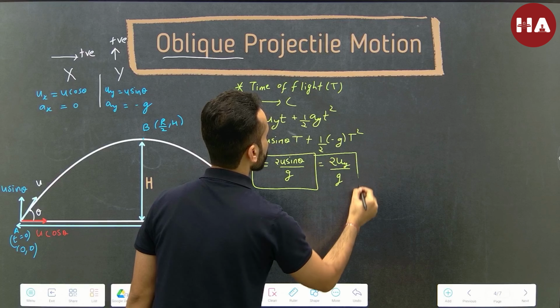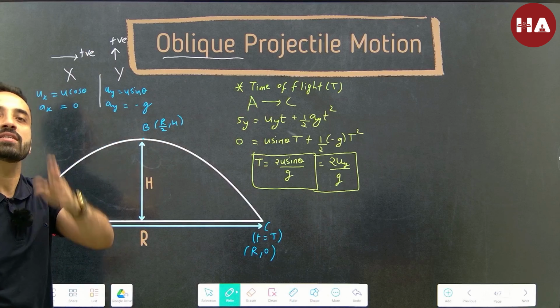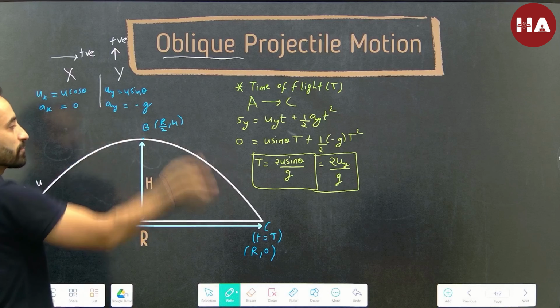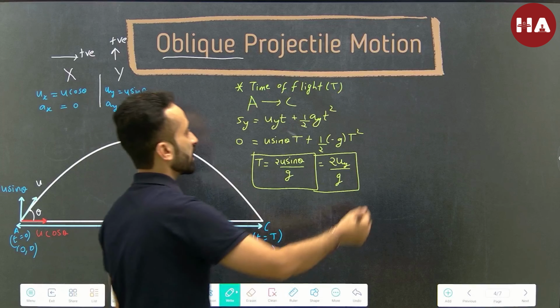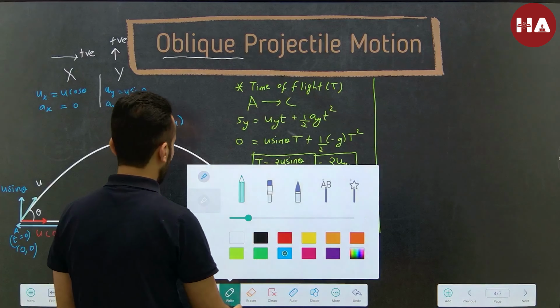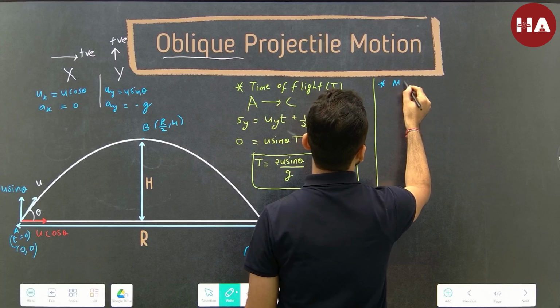Are you able to understand this? Because uy is nothing but the initial velocity in the y direction. So this is giving us the time of flight, the time for which the projectile is going to be in mid-air.